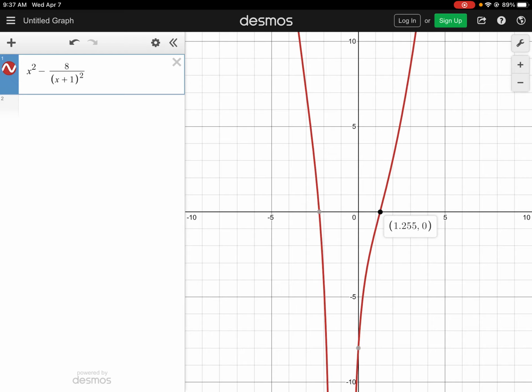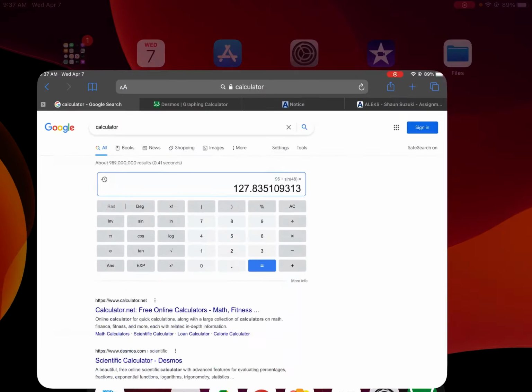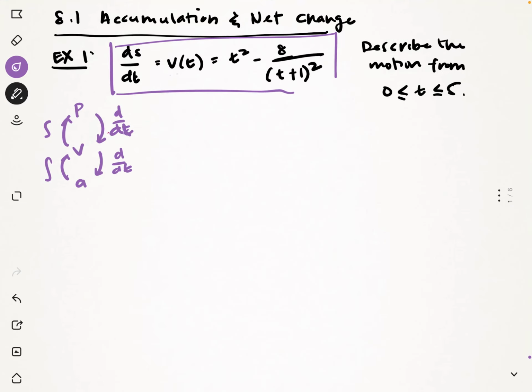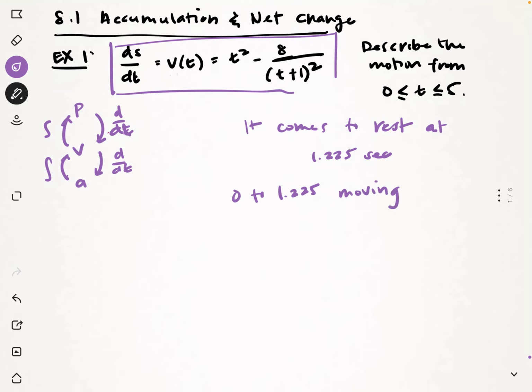So when it's asking us to describe our motion, we can say pretty easily that it comes to rest at 1.225 seconds. From 0 to 1.225 seconds, remember, it was negative, below the x-axis on that side.